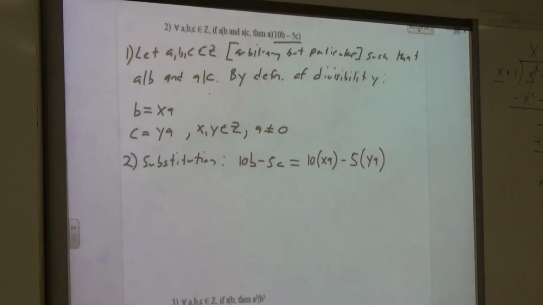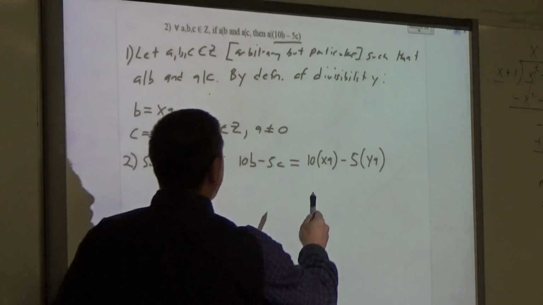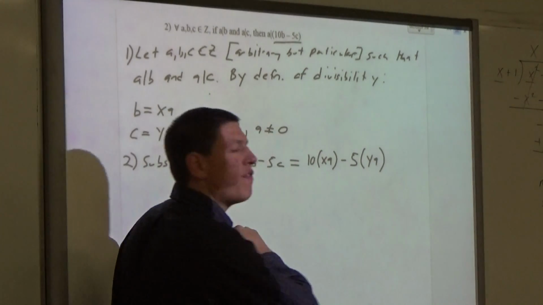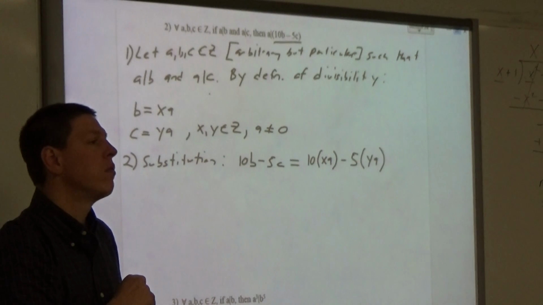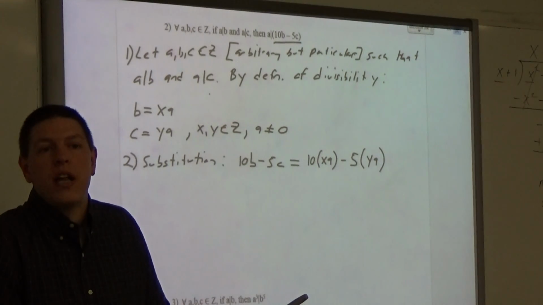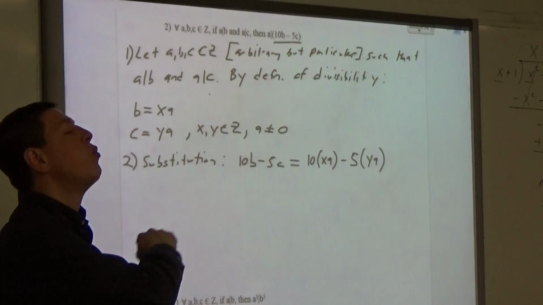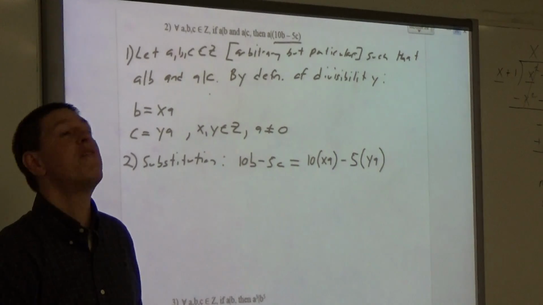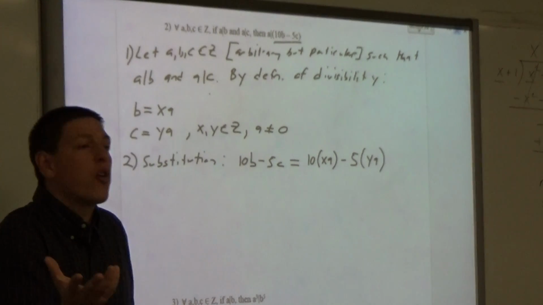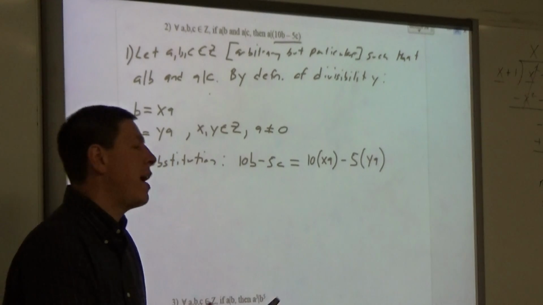What are we trying to show? We are trying to show that the right-hand side contains a factor of what? A. Okay, well, it looks pretty obvious it has a factor of A, if we did what first? Factor the A out, right? Guys, isn't there a common factor of A in there? I don't think anyone doubts that.